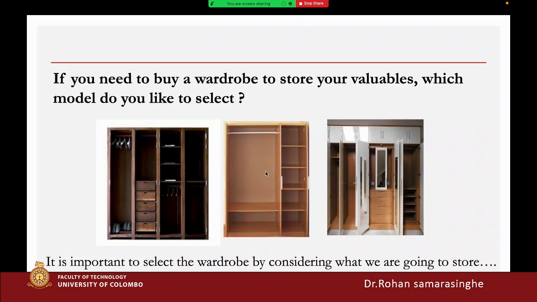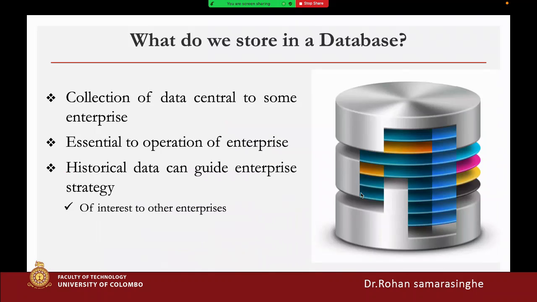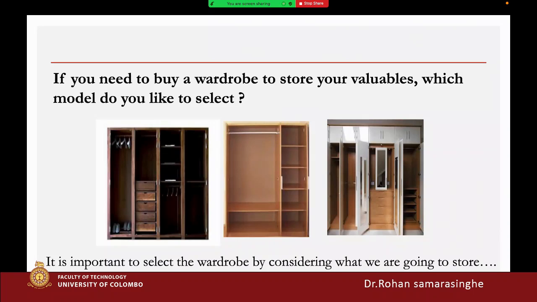You can use a cupboard like the middle one, because it is very easy to select the books. You can see the names. And if you have to store your valuables, jewelries, wristwatches and other things, you had better use the final one, because you can see that there is a door with a lock, and inside the cupboard you can also find some lockers.